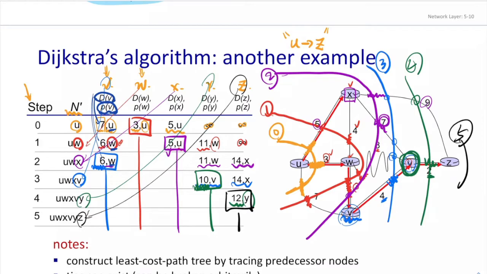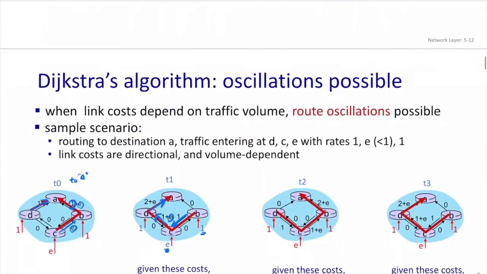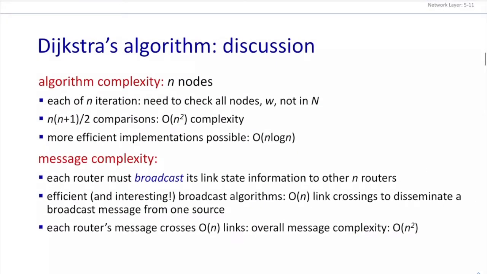In step number 1, because we have excluded one node, which is w, we only need to do 4 comparisons, and then 3, 2, and 1. So if you have n nodes in total, you have to do n times (n+1) divided by 2 comparisons.